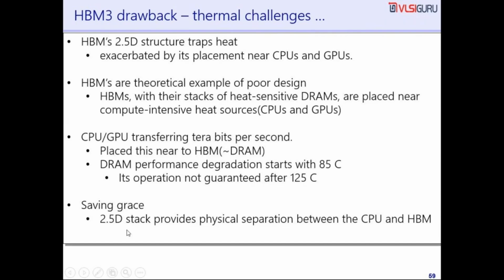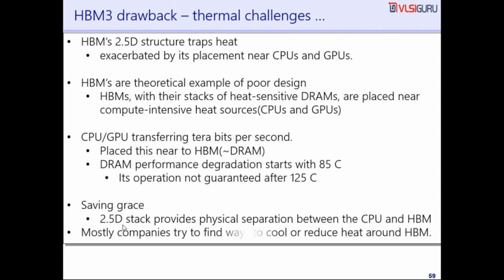When you're doing 2.5D stacking, there is some kind of physical separation between the CPU, GPU and HBM. They are not physically connected to each other. Mostly companies try to find ways to cool or reduce the heat around the HBM, so they don't compromise on performance.